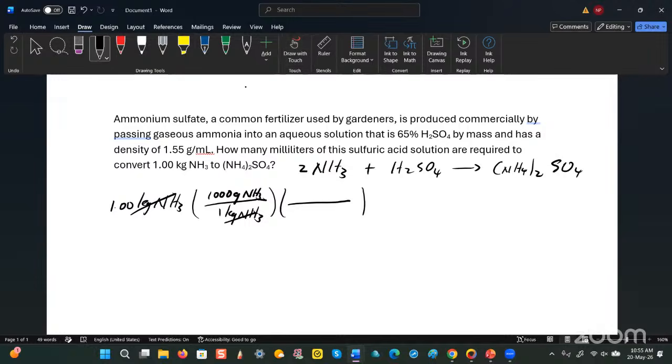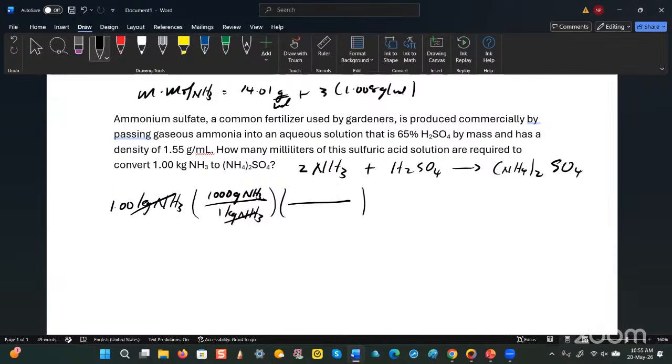So for ammonia, nitrogen is 14.01 grams per mole plus 3 times 1.008 grams per mole. And this would give you the molar mass of NH3. So let's see what that gives. 1.008 times 3, and then I add 14.01 to that.